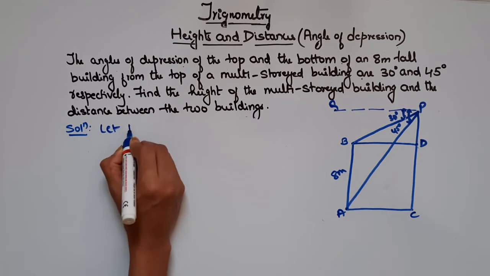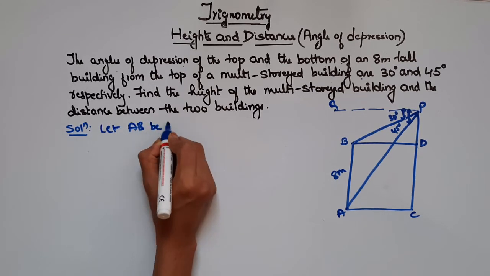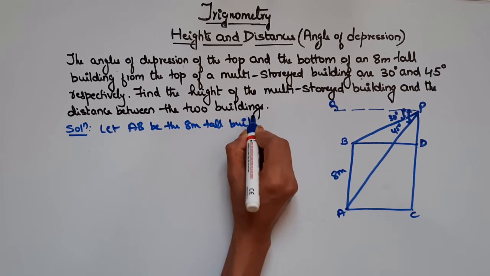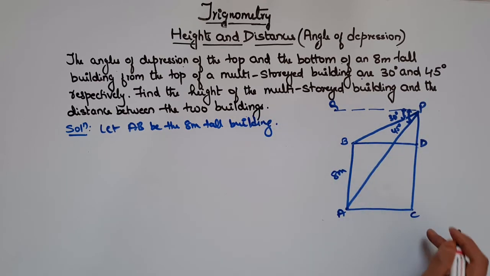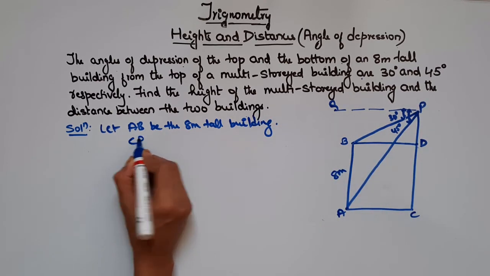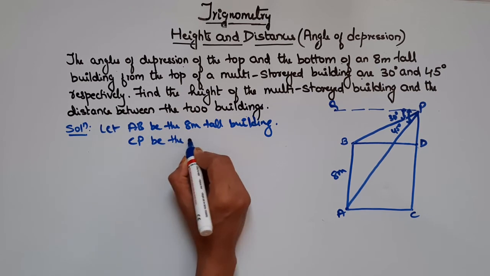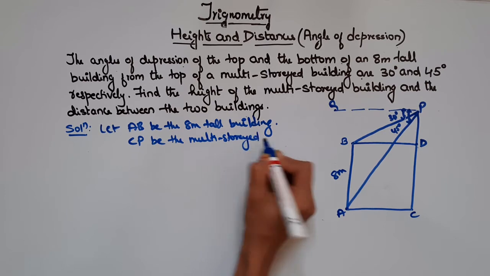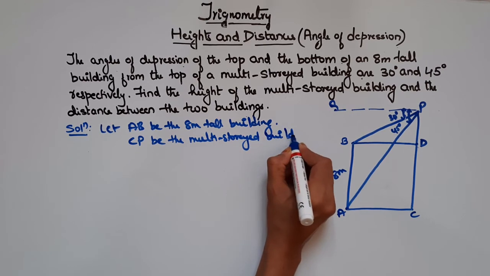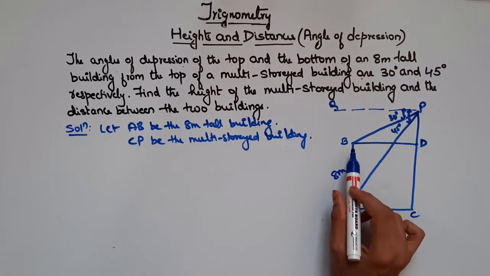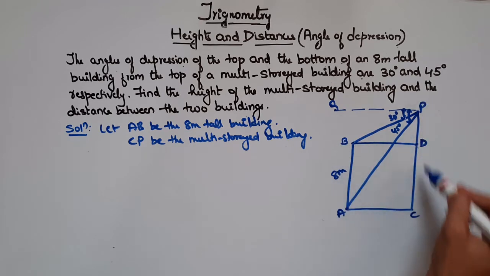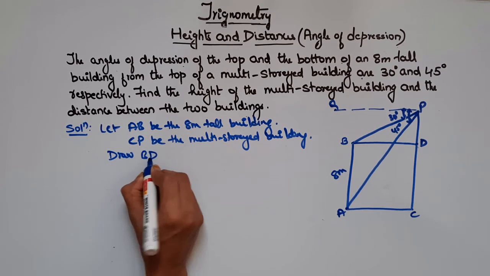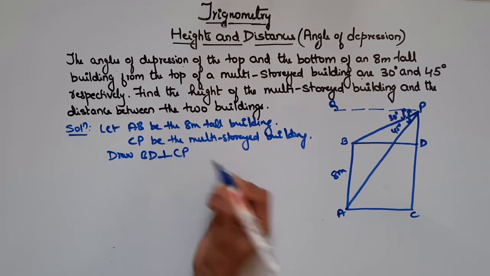Let AB be the 8-meter tall building, and we have CP be the multi-story building. What did we do? We drew BD perpendicular to CP.